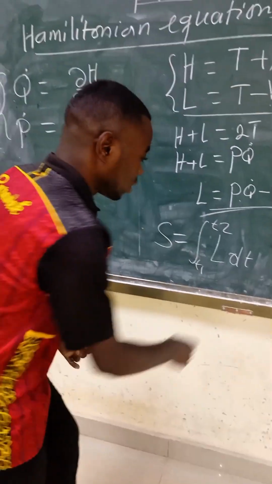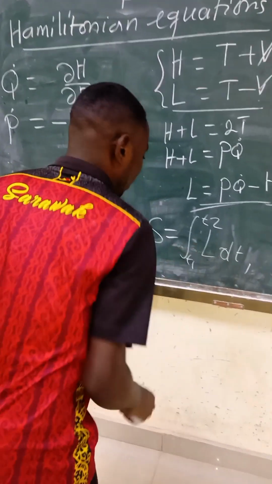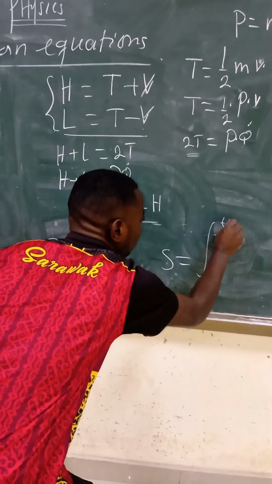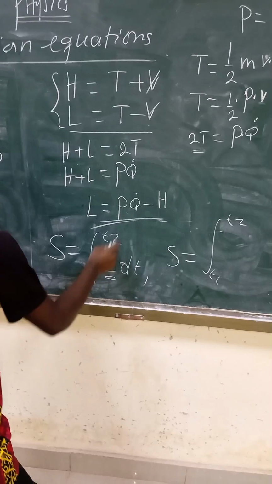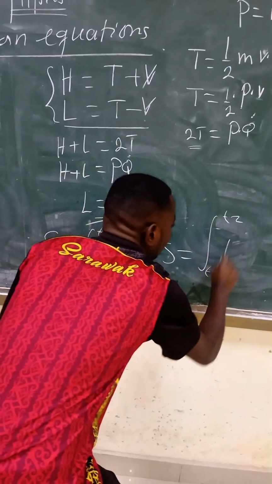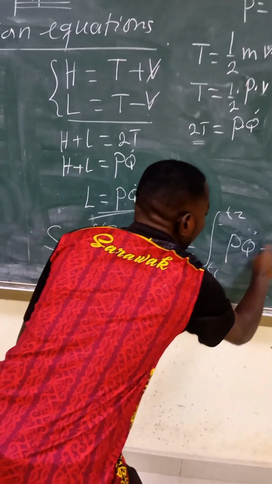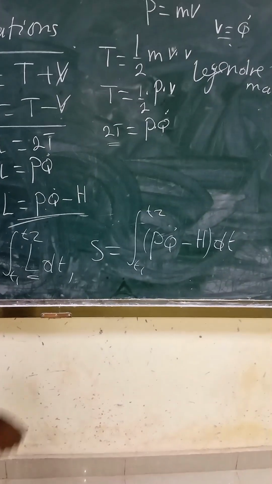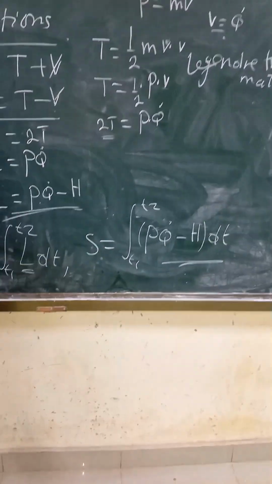Now, let's substitute from Lagrange, where S is equal to integration from T1 up to T2. Let's substitute the value of L, which is p q dot minus H, dt. This is now the equation we have.